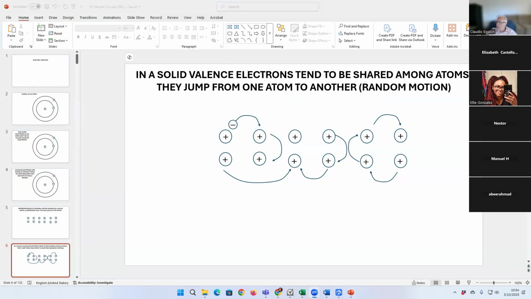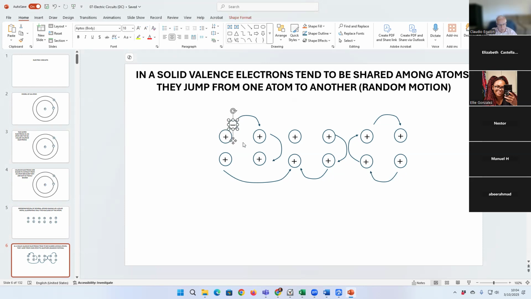The plus is supposed to represent the protons, which give the nucleus a positive charge. The nucleus of an atom is made up of protons and neutrons. The positive sign refers to the positive electric charge, by the same token that the negative refers to the negative electric charge of the electron.